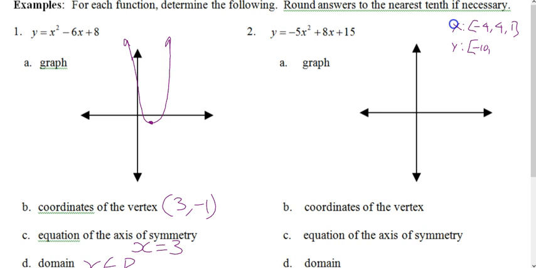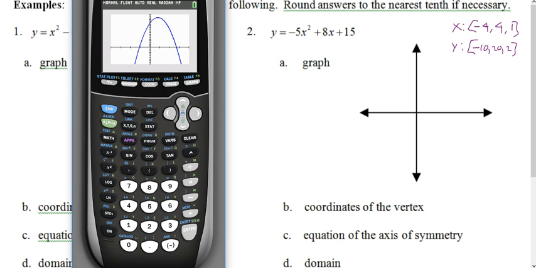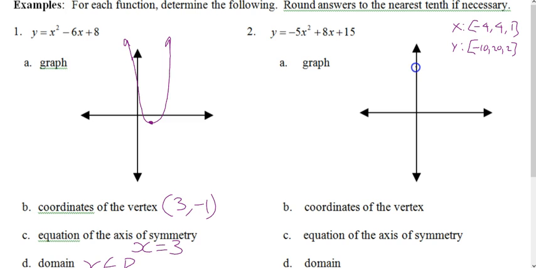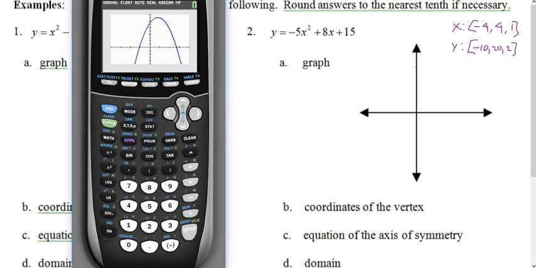That's where we go, -10 to 20. I'm going to change that to 2s though, just because it was a little too many ticks there on the window. So I change my Y scale to 2. The graph. Okay, so we know it's going through here at 15, and what does it look like?